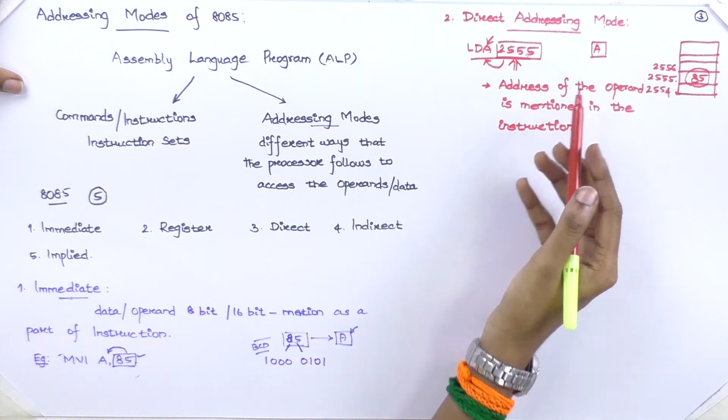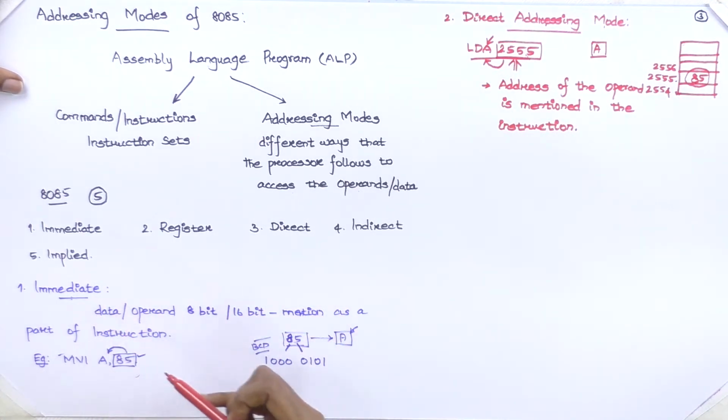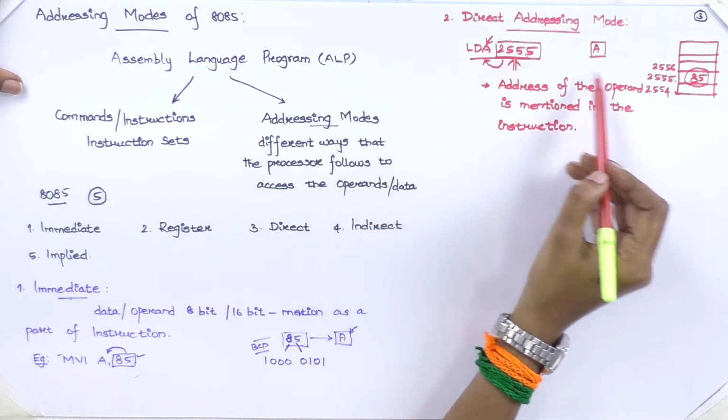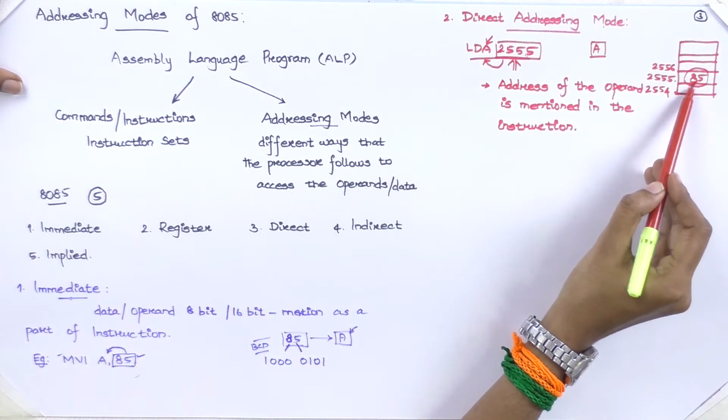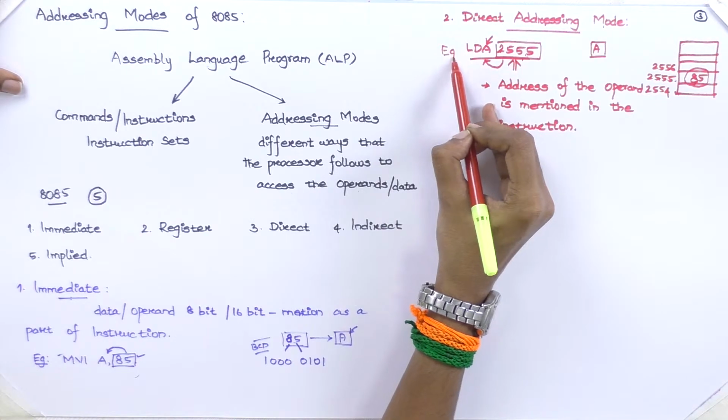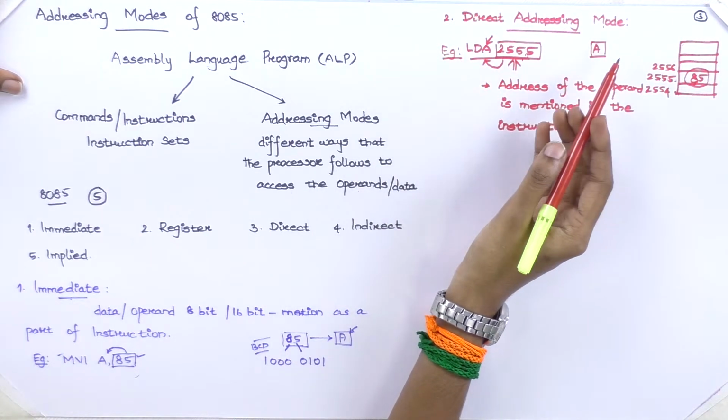Okay. So in the previous one, in the immediate addressing mode, the operand itself is mentioned in the instruction. Here in direct addressing mode, the address of the operand is mentioned in the instruction. Don't worry about this instruction. We will see in detail in the next lecture.